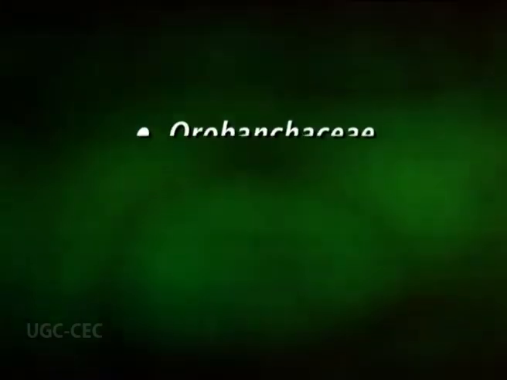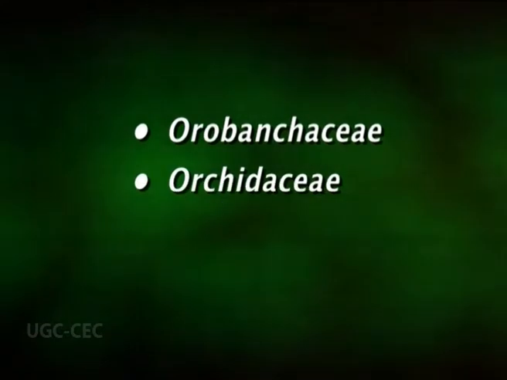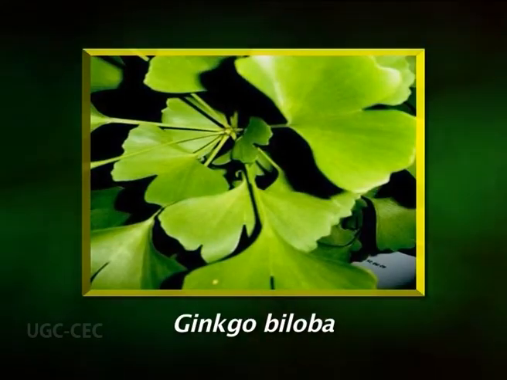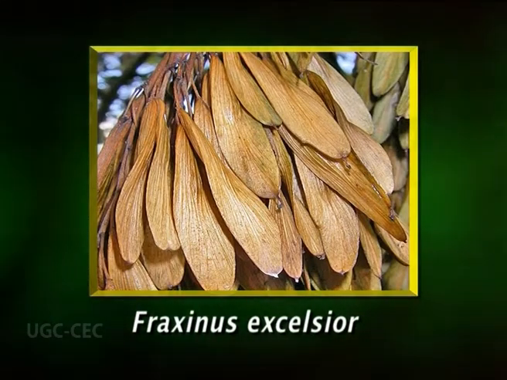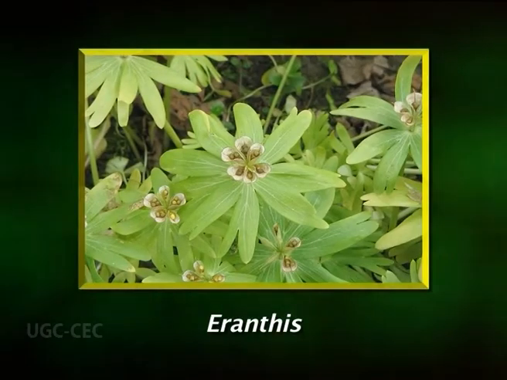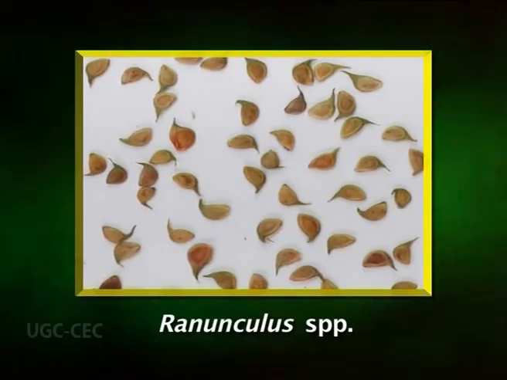In some members of Orobanchaceae, Orchidaceae, as also in Ginkgo biloba, Fraxinus excelsior, Eranthis, and Ranunculus species, seeds are shed at a stage when embryo is immature. Hence, the germination of seed is postponed till the embryo development is complete.